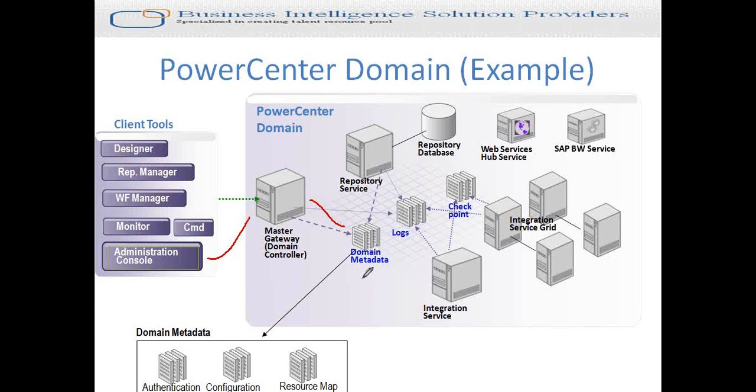Once that is done, the configuration happens here, and if something is missing while you're configuring it, it will send the details back to your gateway node, which will show up in your admin console again.